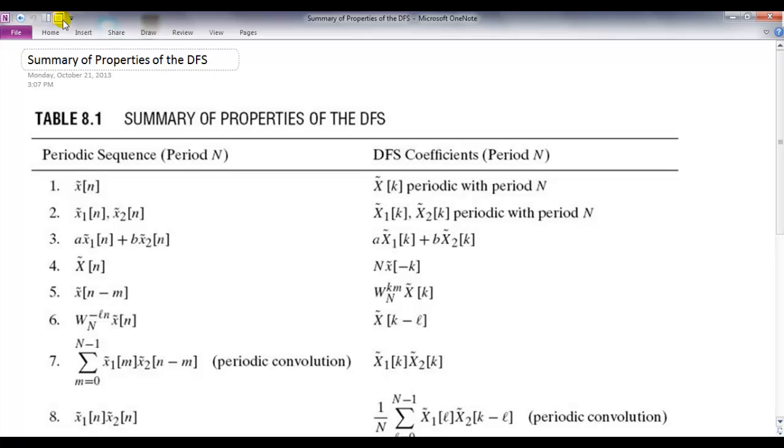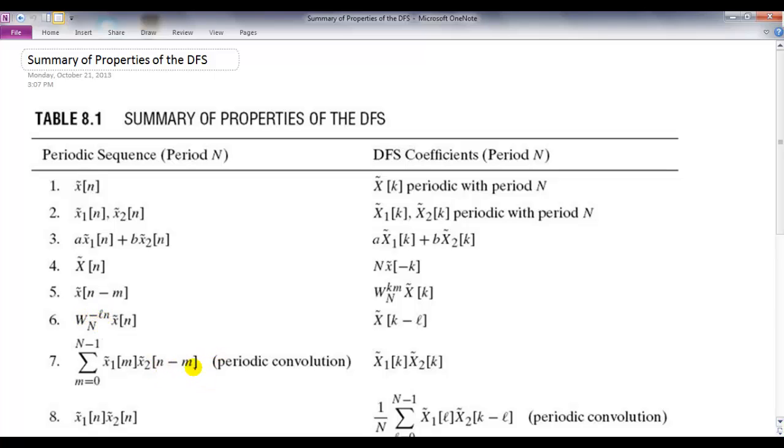The detailed properties of the discrete Fourier series are pretty similar to any Fourier transform, discrete time or continuous time, that you have done, with the appropriate modifications. We have covered some of them. One is the linearity property. You have duality, time shift, and the sixth property again follows by duality.